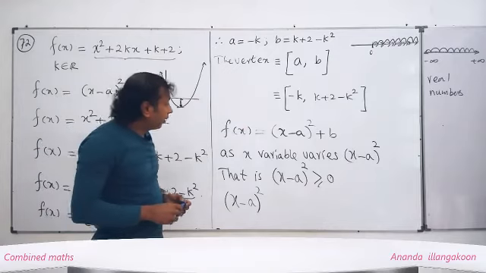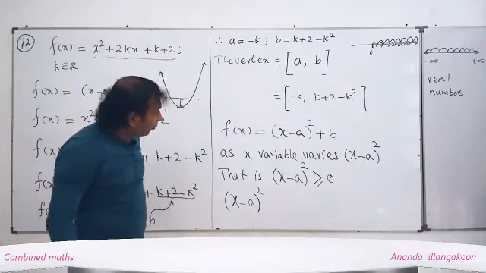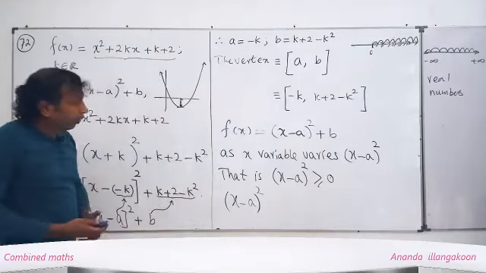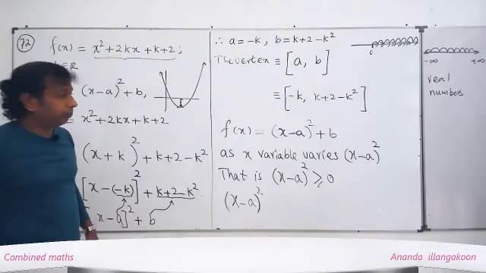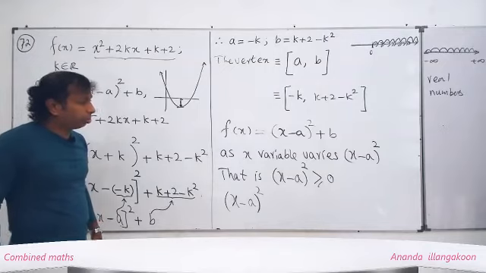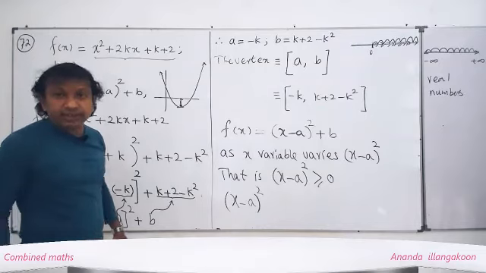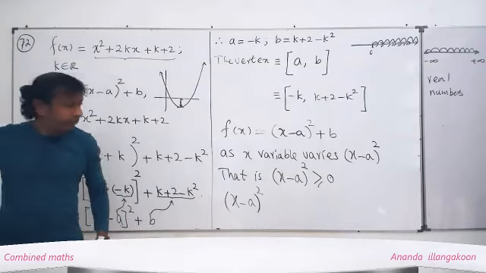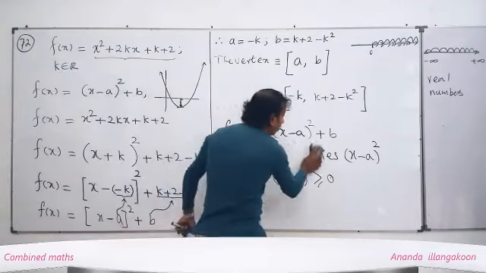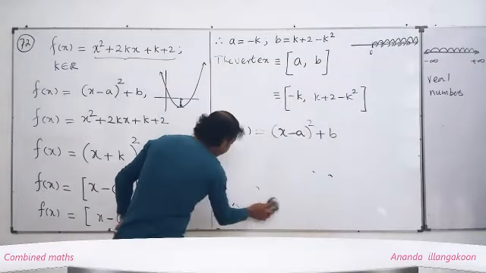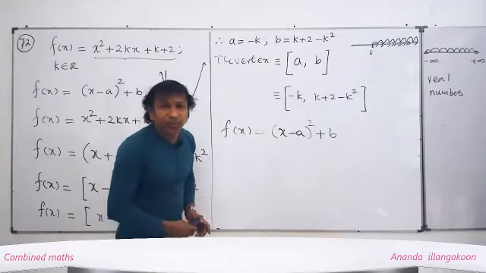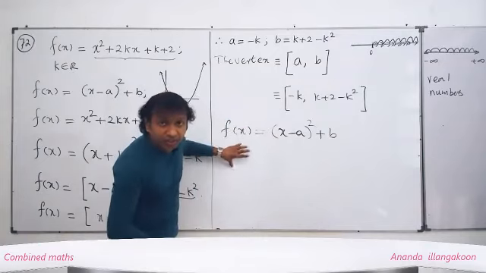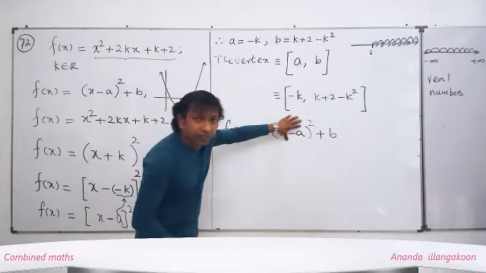Write down. We wrote, therefore, f(x) has a minimum value. That minimum value is, what is that minimum value, people? We said f(x) will be minimum when this perfect square is 0.